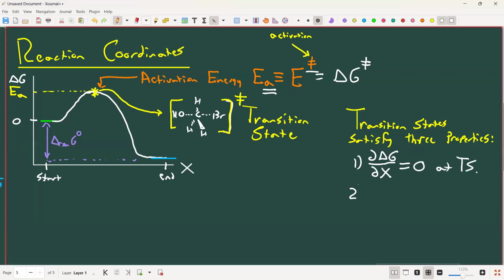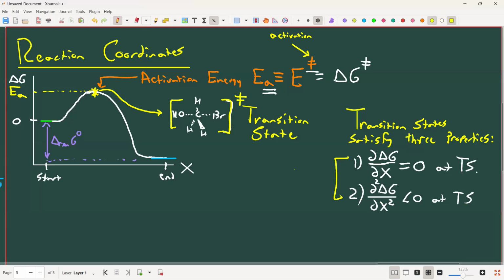And also that the second derivative is less than 0 at the TS. What this means is that it's a maximum, an energy maximum.